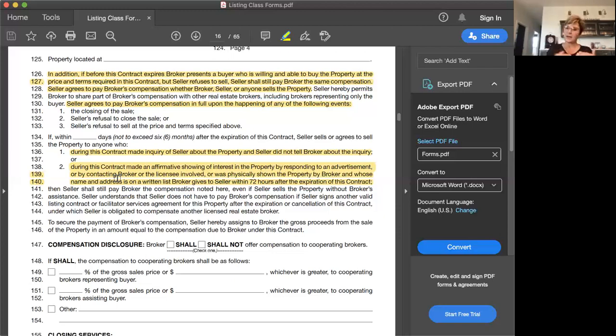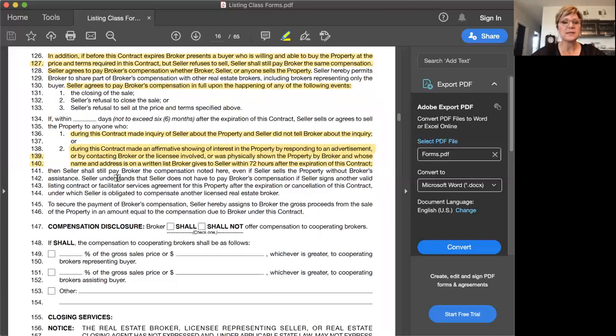But if I find out that they worked that out, the seller would be due compensation to the brokerage, or they would have to pay it. Make sense? So there's a lot of teeth in this section of the listing agreement that you need to make sure you're going over with your sellers. Okay. Any questions on that?